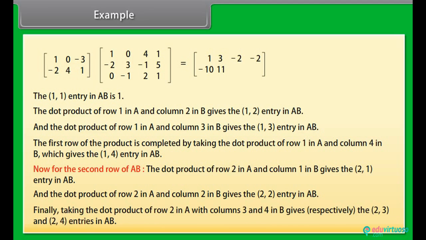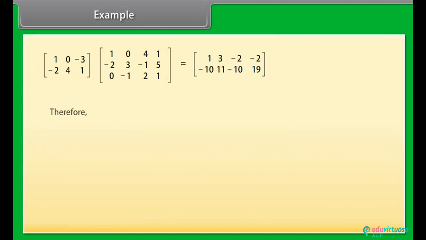Finally, taking the dot product of row 2 in A with columns 3 and 4 in B gives respectively the 2, 3 and 2, 4 entries in AB. Therefore, AB can be solved to the matrix, row-wise: first row 1, 3, -2, -2; second row -10, 11, -10, 19.